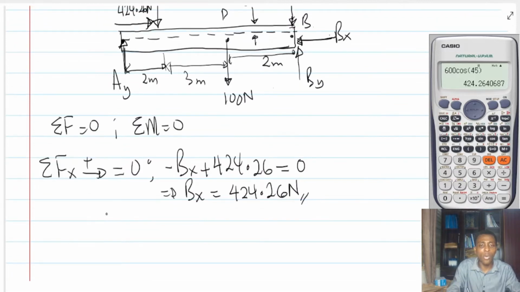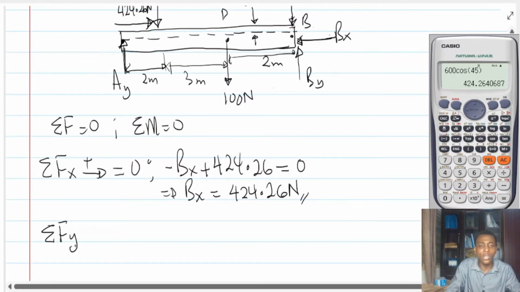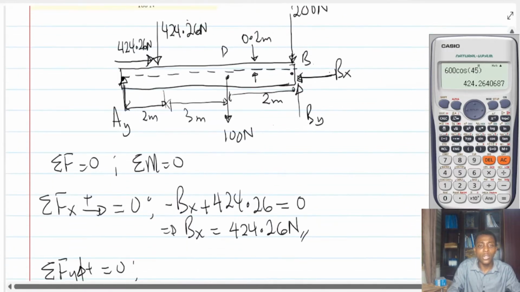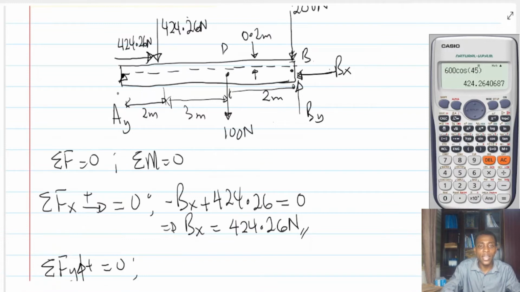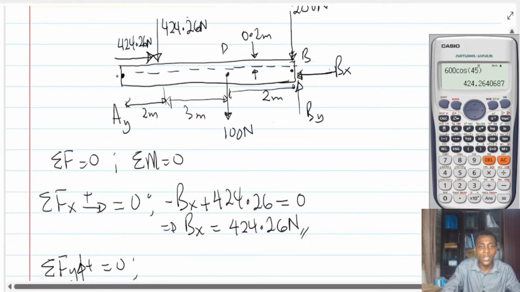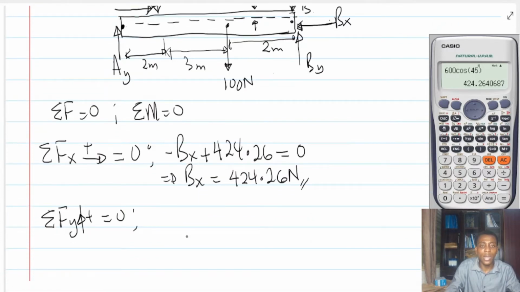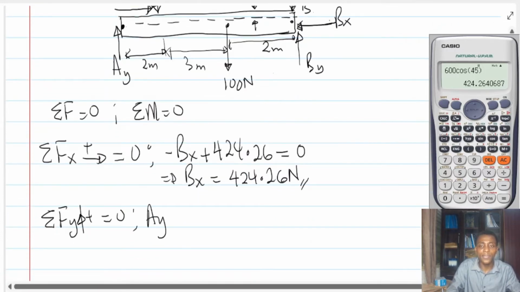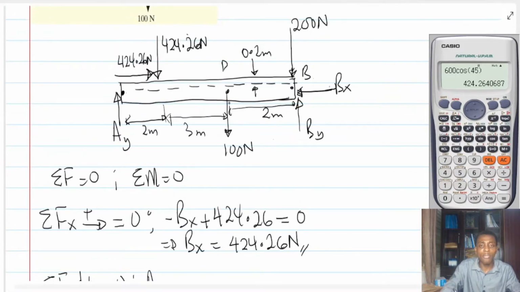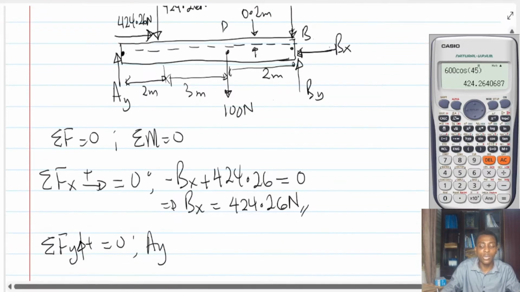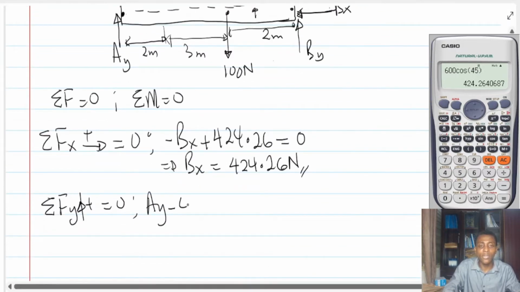Now let's sum forces along the y. Every force going up should be positive, and the sum is zero. So there's Ay here, and it's going up, so plus Ay. And then what else? 424.26 this time around is coming vertically downwards, so minus 424.26.